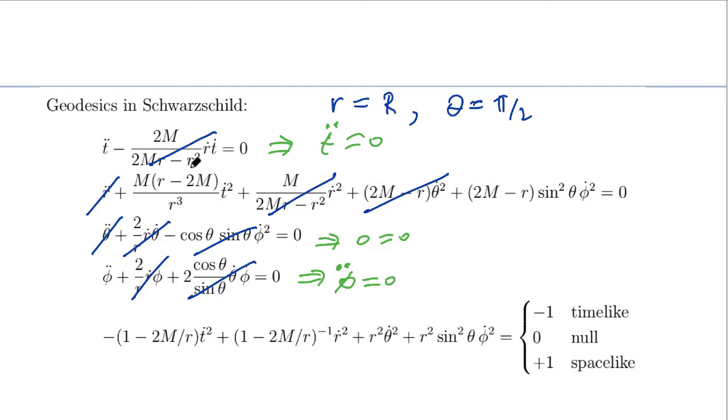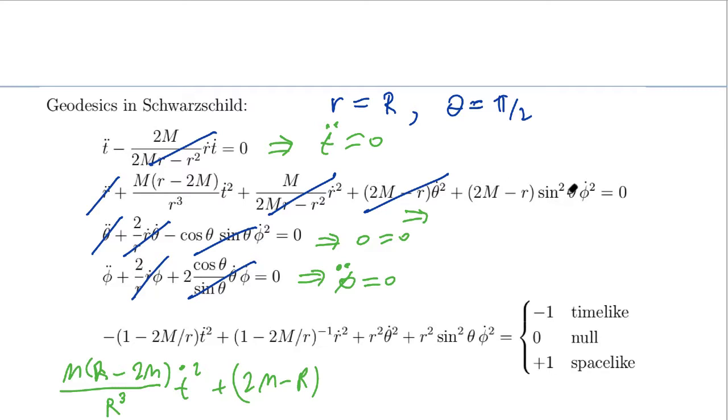And this equation is not trivial. It tells us that m times R minus 2m, and since r is big R, let me just write this as big R, m times big R minus 2m over r cubed t dot squared, and then this term is 2m minus r times sine squared theta, but theta is pi over 2, so that's just 1, times phi dot squared equals 0.